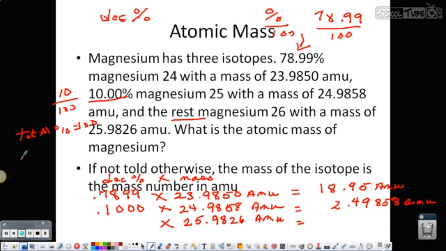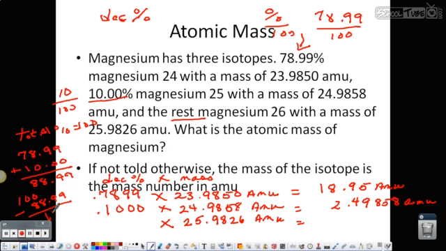So I have 78.99 plus 10 for a total of 88.99%. Now the total percent is 100, so 100 minus 88.99 is going to be 11.01.